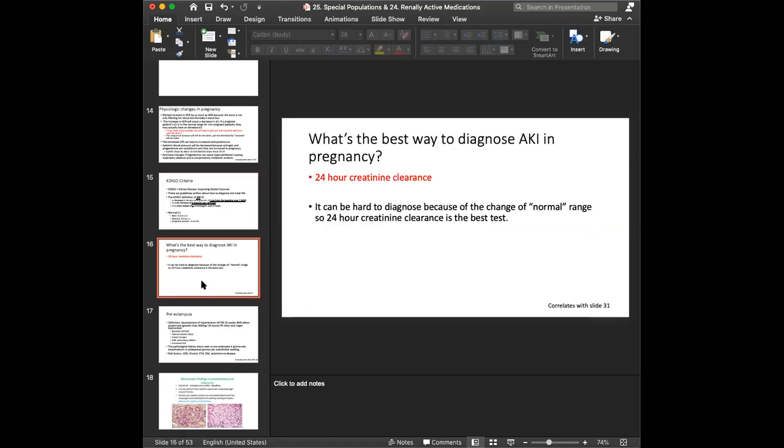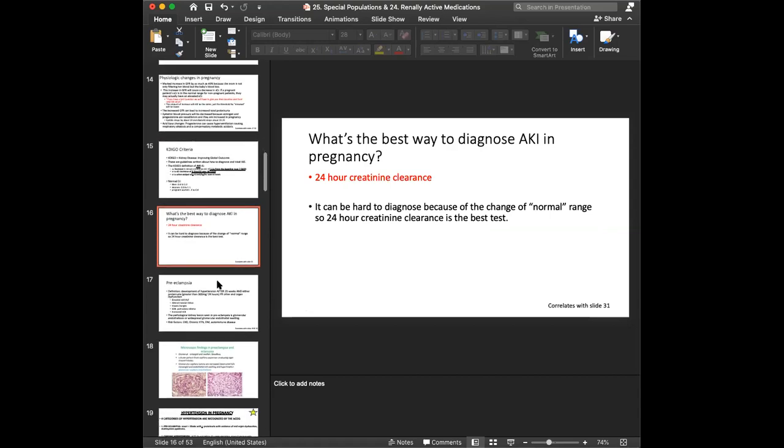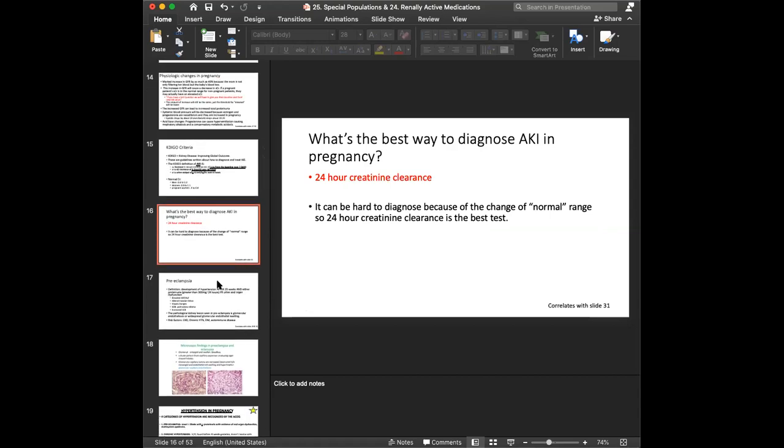The best way to diagnose an AKI in pregnancy is a 24-hour creatinine clearance. It's hard to diagnose AKI because, again, that creatinine might be in the normal range, but it's not normal. So that's why 24-hour creatinine clearance is best.